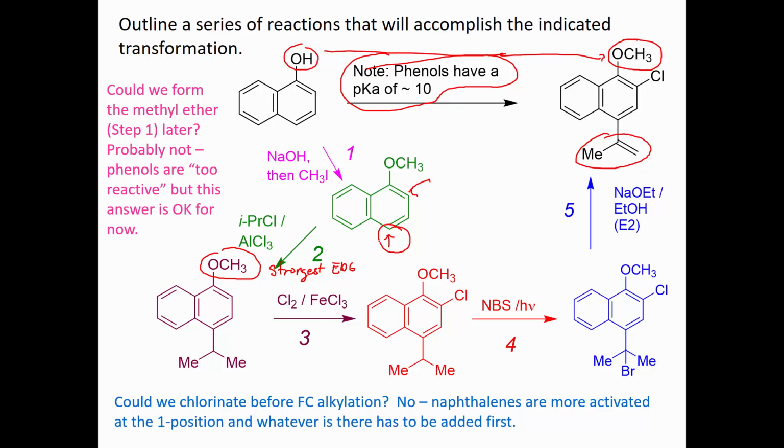So if we chlorinated first, almost certainly we would get the chlorine in the wrong place, okay? All right, so it's very likely that the product of this reaction would be this, and this is undesired.